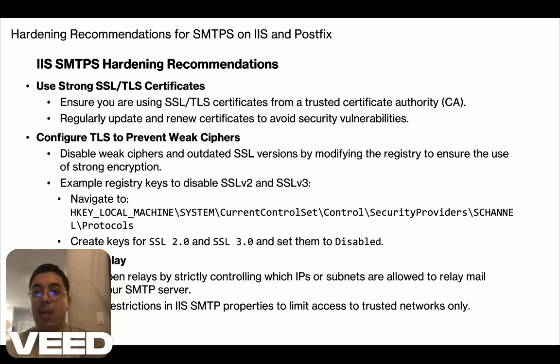You want to prevent open relays by strictly controlling which IPs or subnets are allowed to relay mail through your SMTPS server. Also, set relay restrictions in the IIS SMTP properties to limit access to trusted networks only.